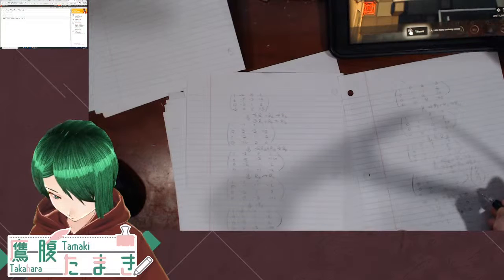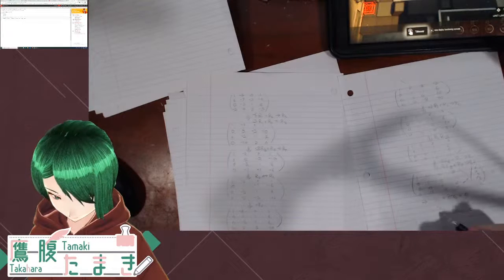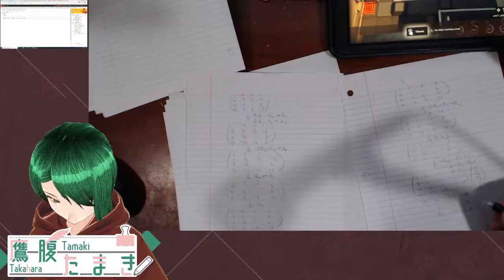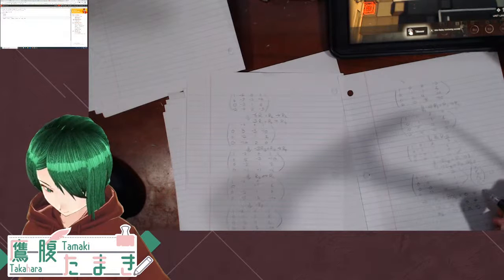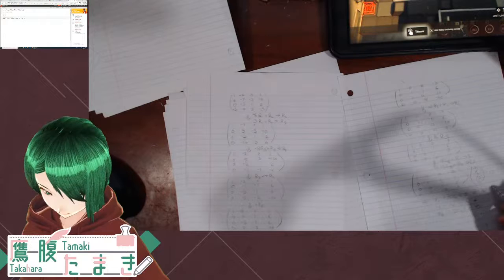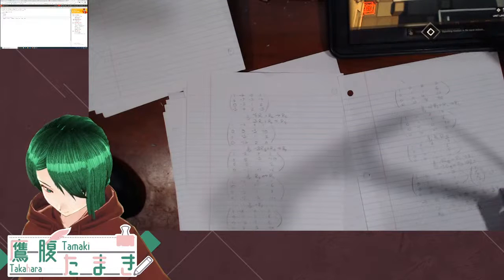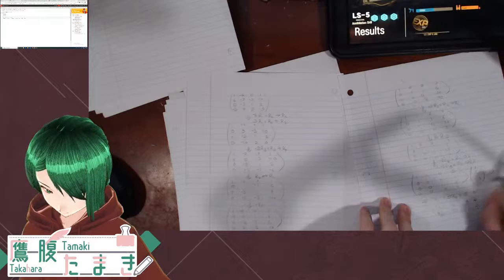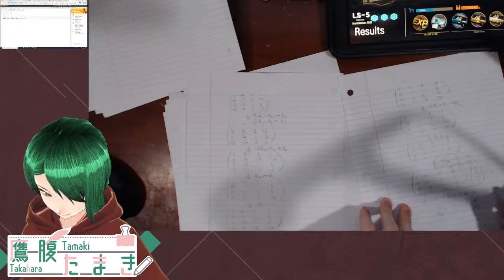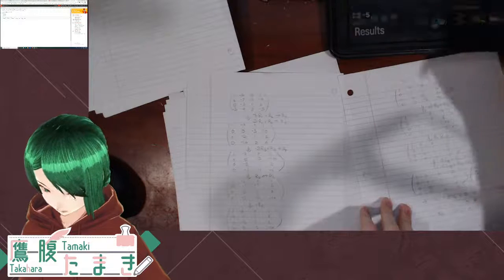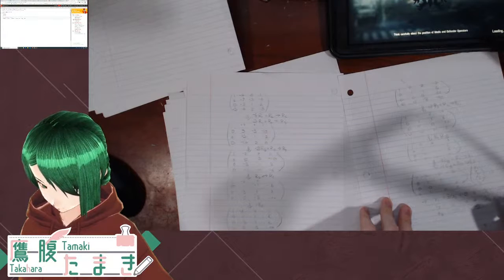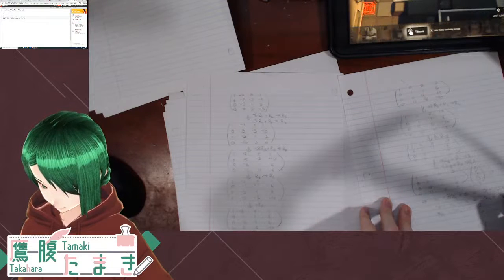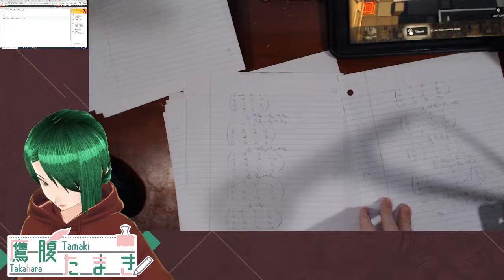So x1 equals negative 3 x sub 4, x2 equals negative x4, x3 equals negative 5 x4.